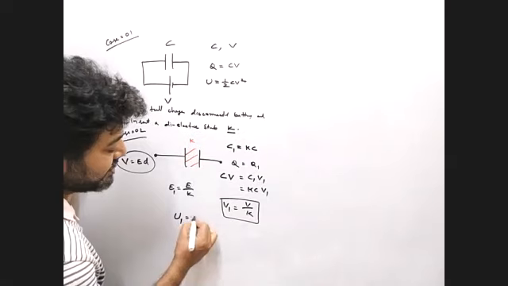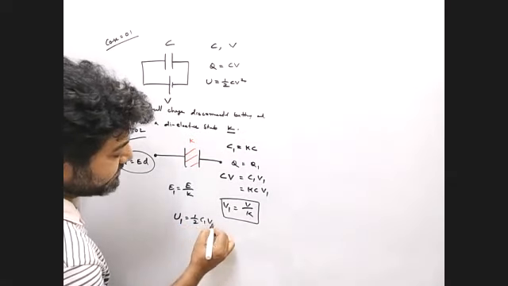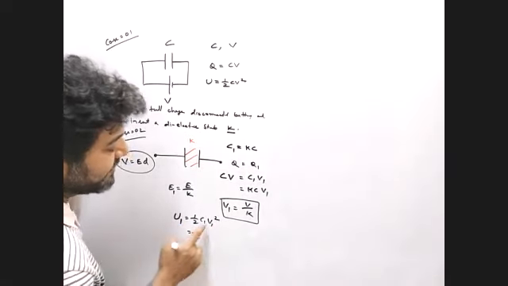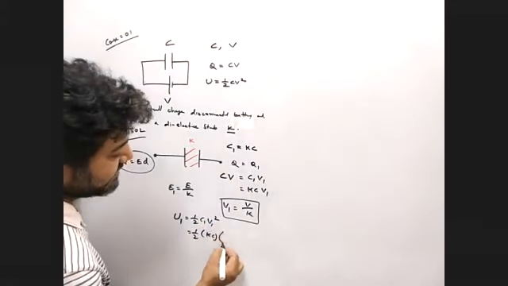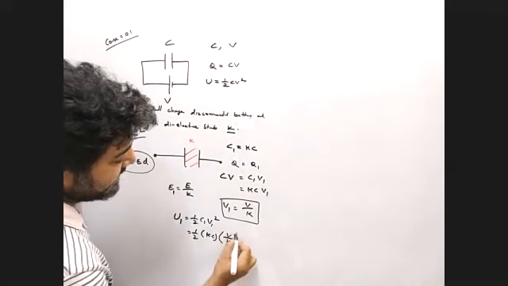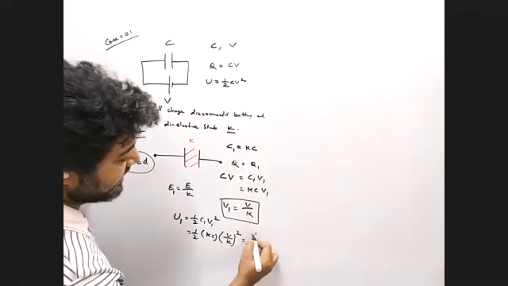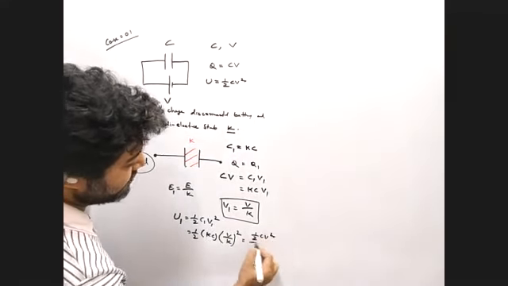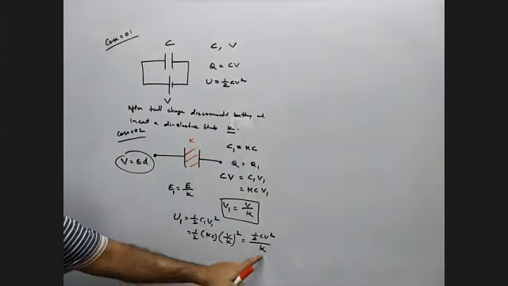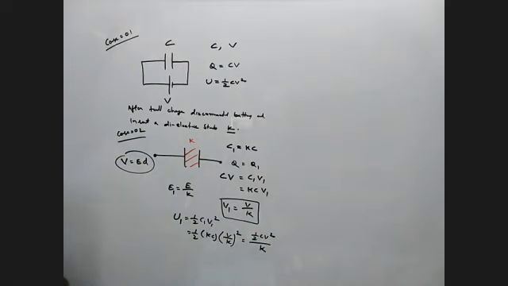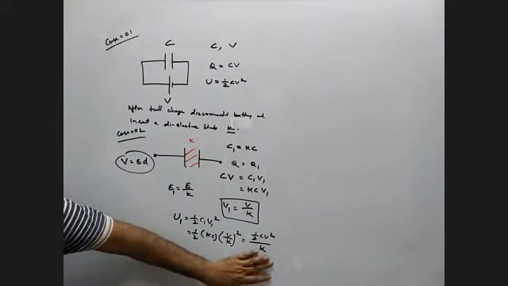So my energy stored is half C1 V1 square, where C1 is KC and V1 is V by K. So we get half CV square by K. My energy stored decreases K times. Is it clear?